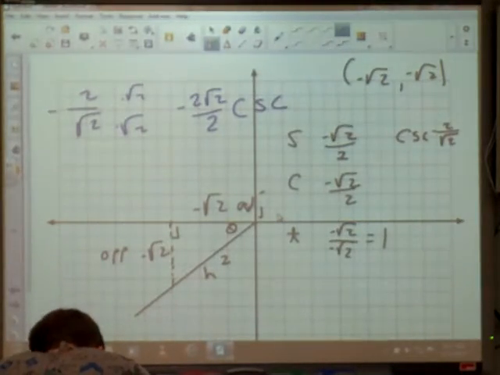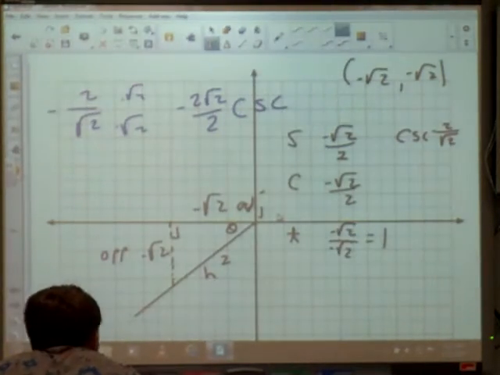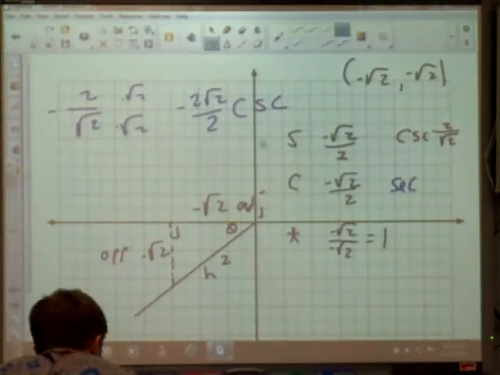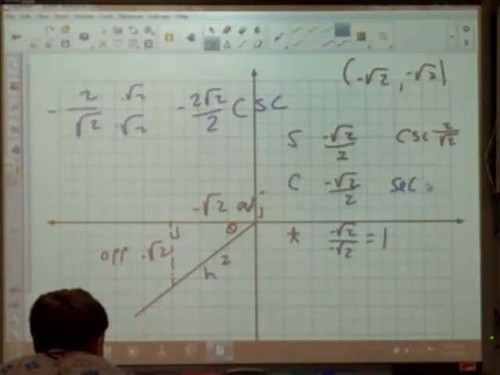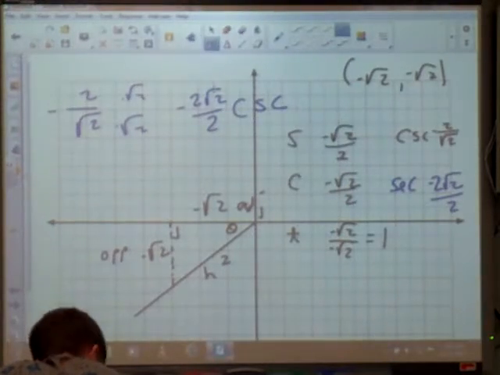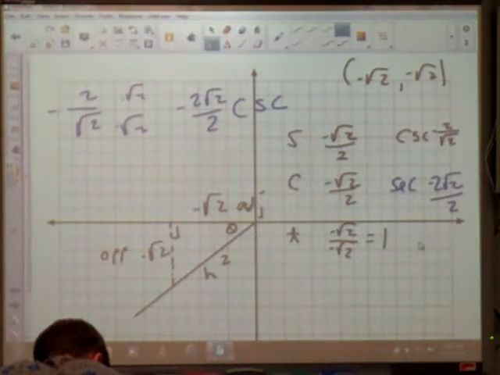Remember that? Can't leave a radical on bottom. Now, good news for you is cosine was the same as sine. So that means secant's reciprocal is going to be the same, right? So you don't have to do that again if you notice the common sense there. All right, Louise, what's the reciprocal of 1? What's my cotangent?